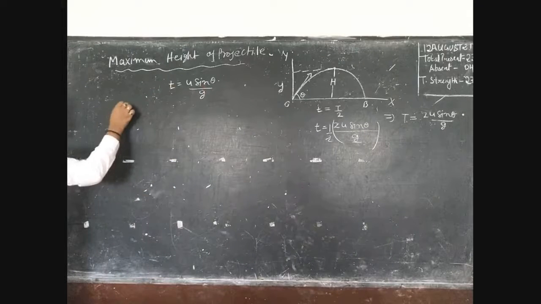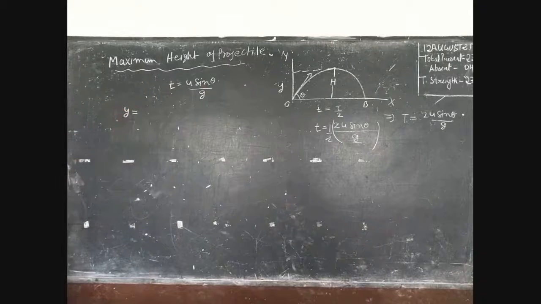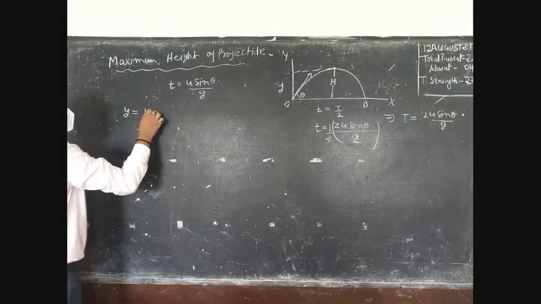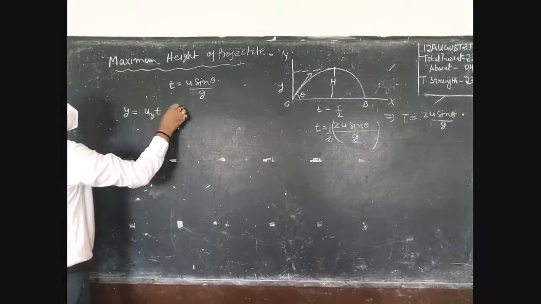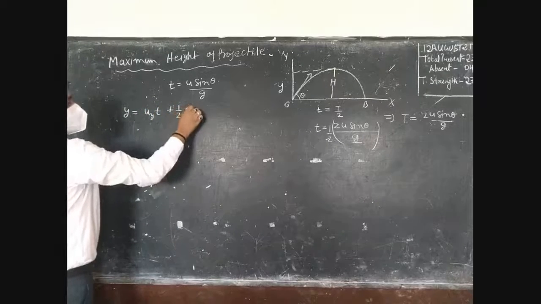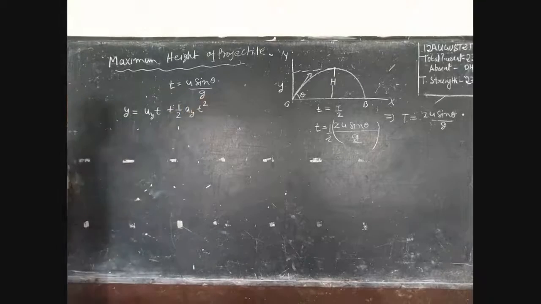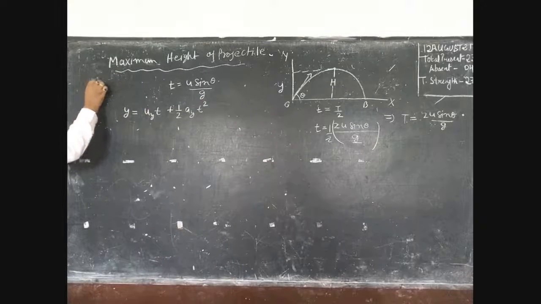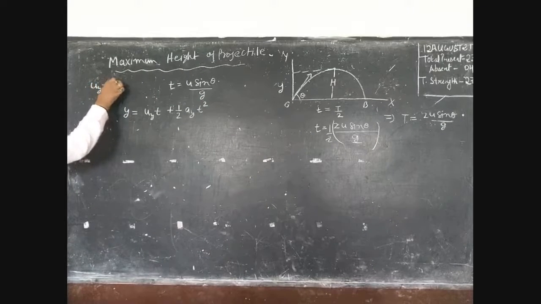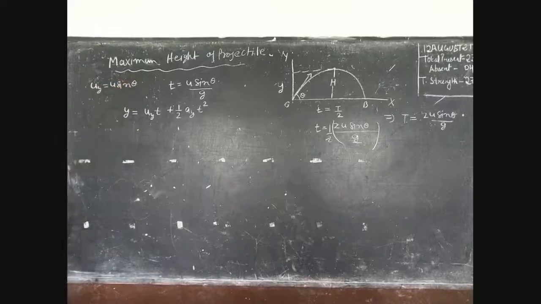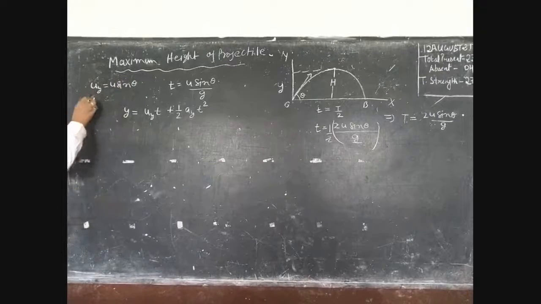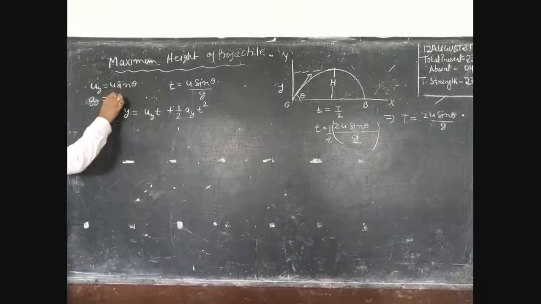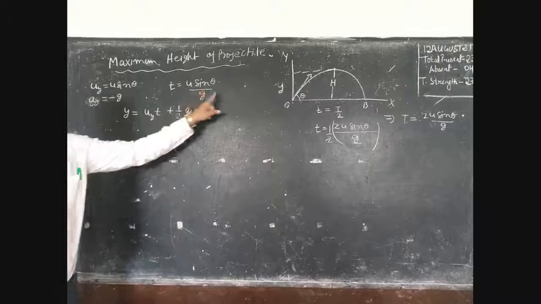Now for calculation of this height, from the second equation of motion, we get y is equal to uy t plus half ay t square. For this case, we have uy is equal to u sin theta, ay is equal to minus g, and we have calculated this time.